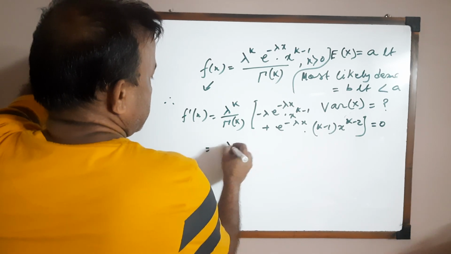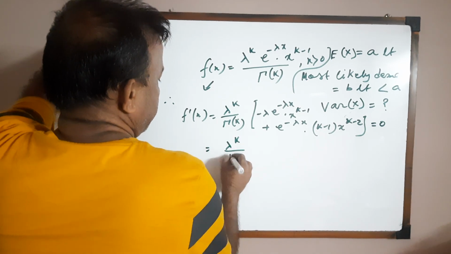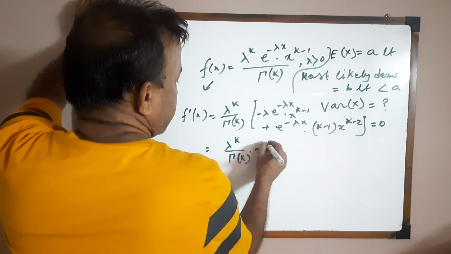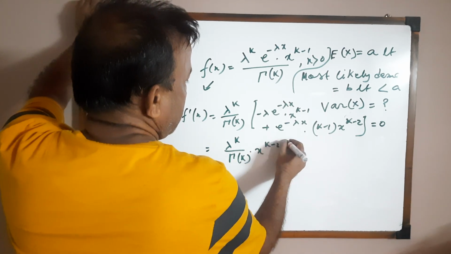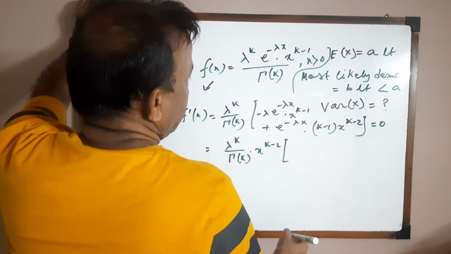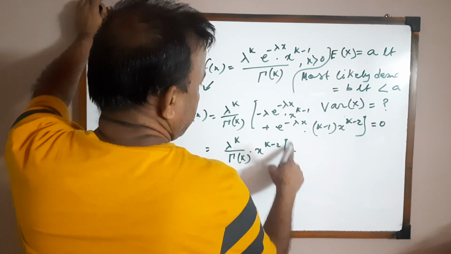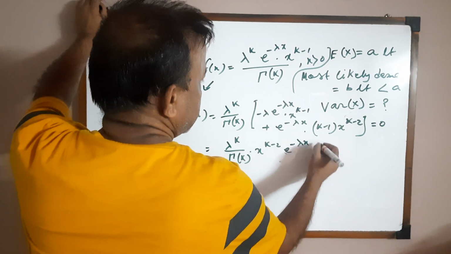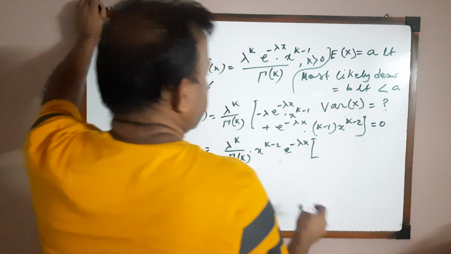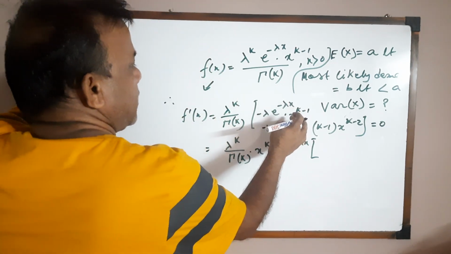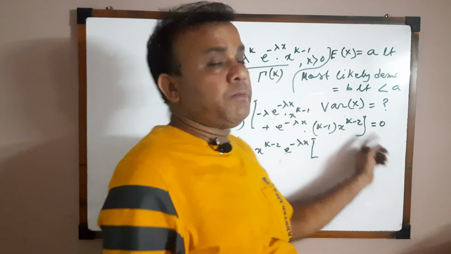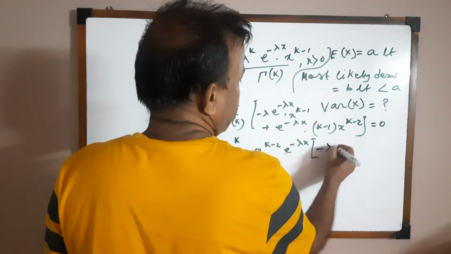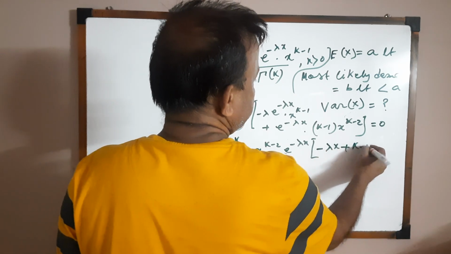Therefore, lambda to the power k by gamma k into x to the power k minus 2 into e to the power minus lambda x, taking e to the power minus lambda x and x to the power k minus 2 as common from these two, minus lambda x plus k minus 1.